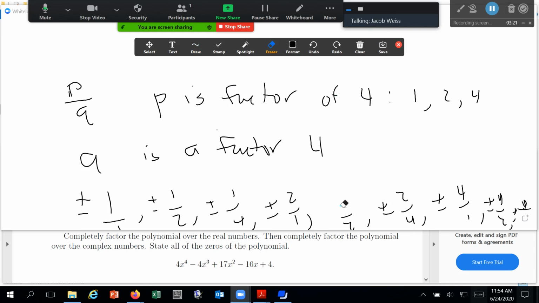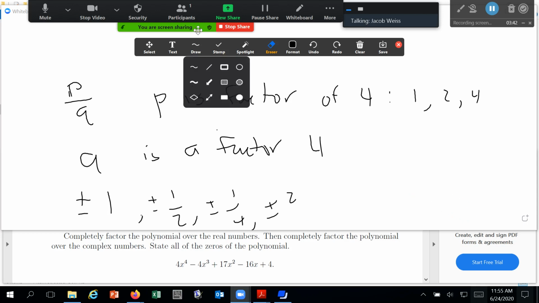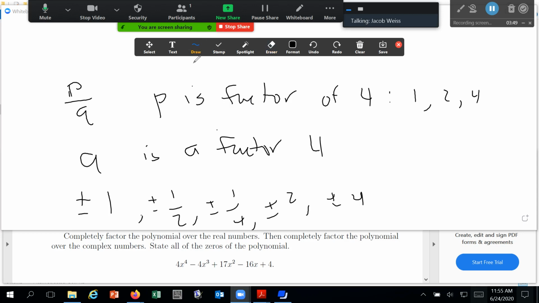So all we really need are these right here: 1, 1/2, 1/4, 2, and 4. Let me write it a little nicer here. So those are the only rational numbers that we have to check.